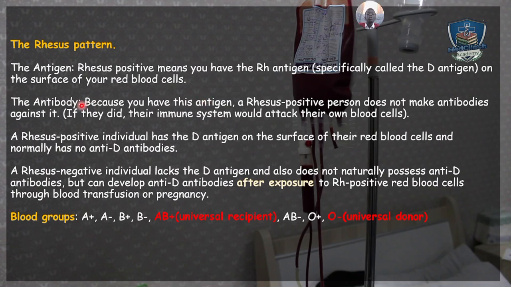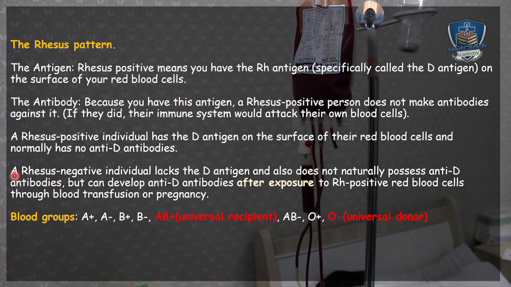So rhesus positive individuals always have the D antigen on the surface of the red blood cells, and normally they don't have any anti-D antibodies. The people who have anti-D antibodies are those who are rhesus negative, and they only have the antibodies when exposed to positive blood.